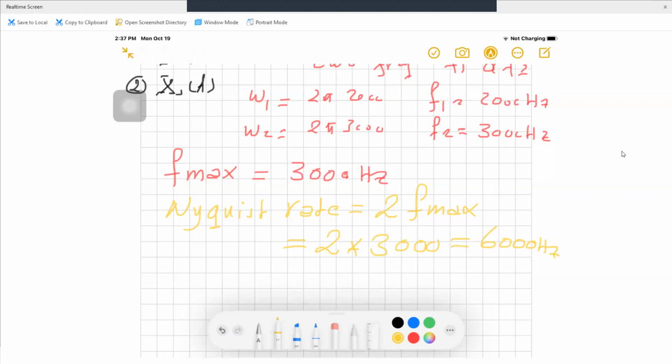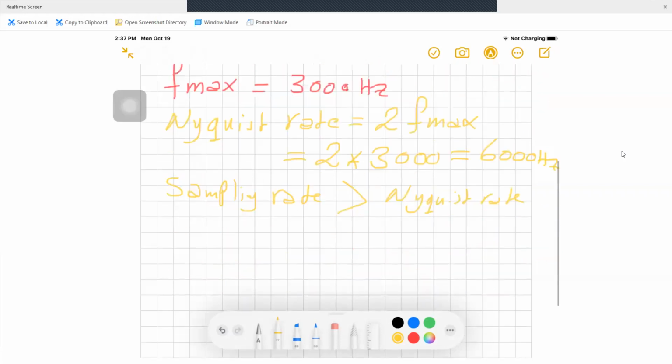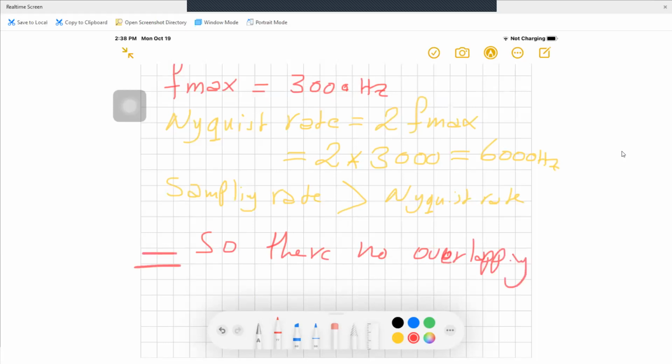So in this example, again, we don't have overlapping. The sampling rate in this example is greater than the Nyquist rate, so there is no overlapping.